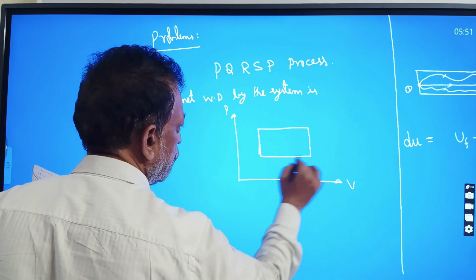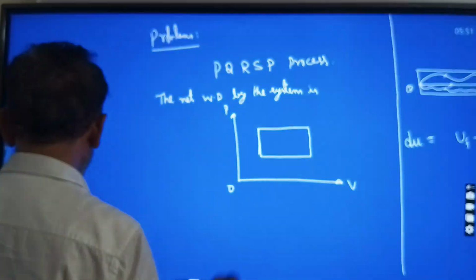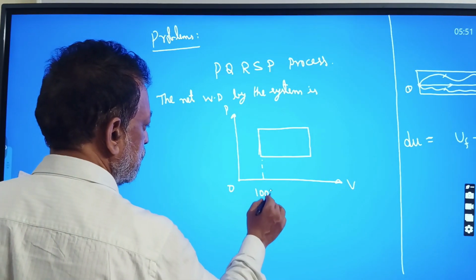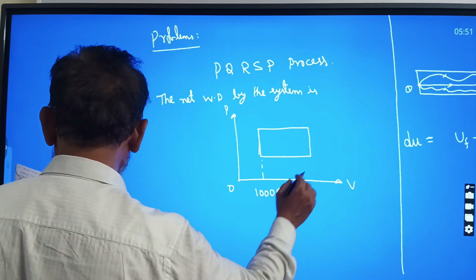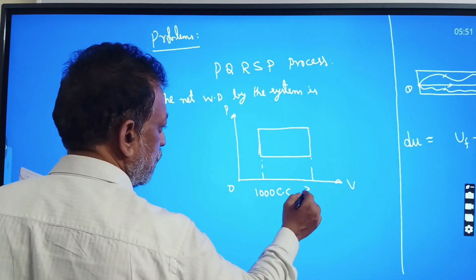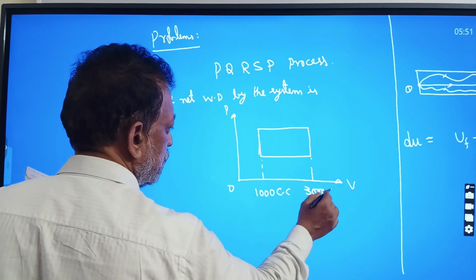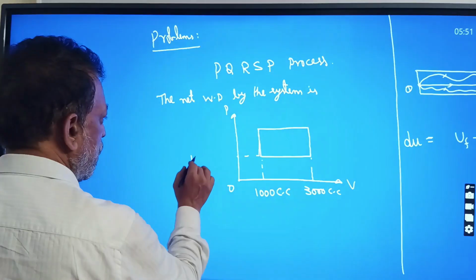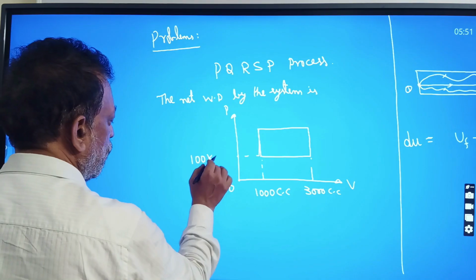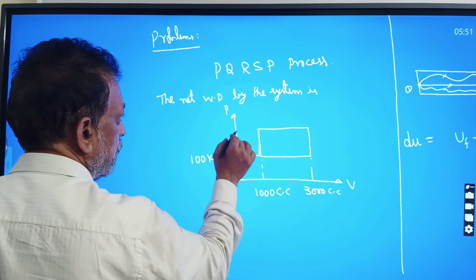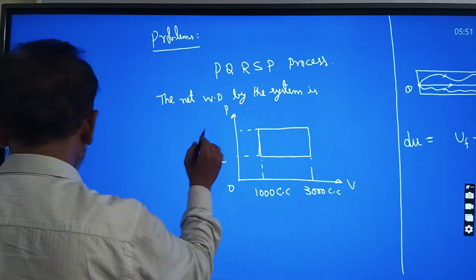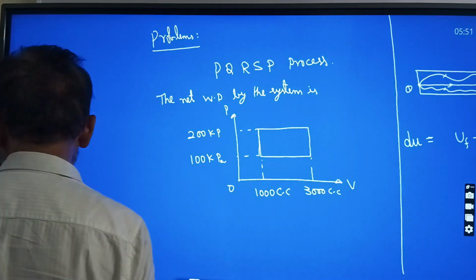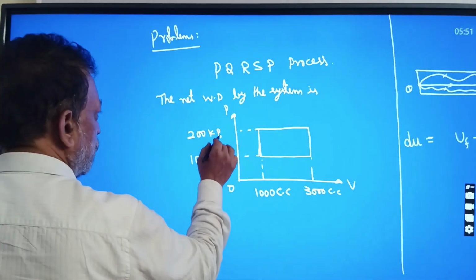This is 1000 cc, where cc stands for cubic centimeter, this is 3000 cc, this is 100 kilopascal, and this is 200 kilopascal.